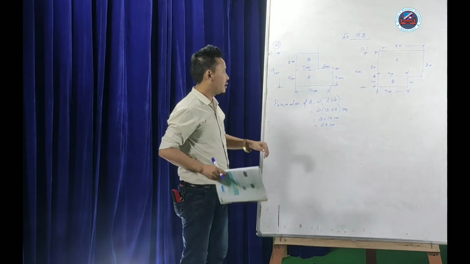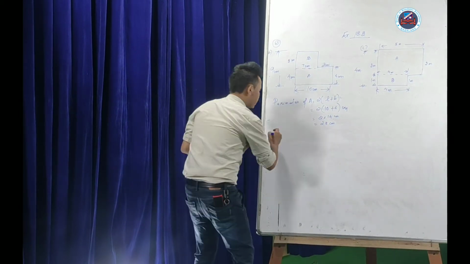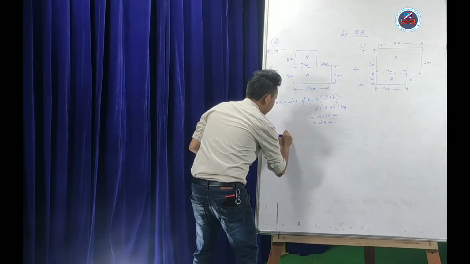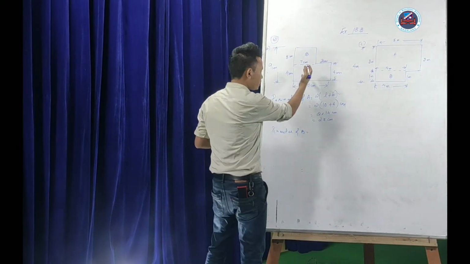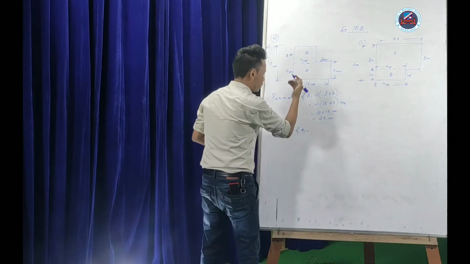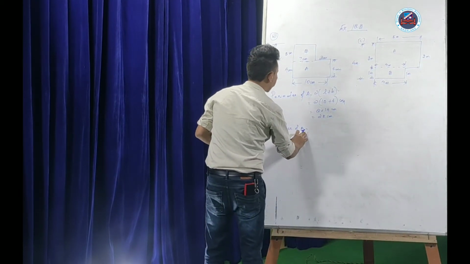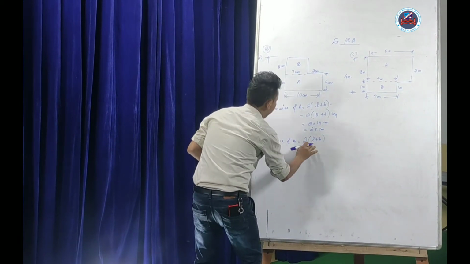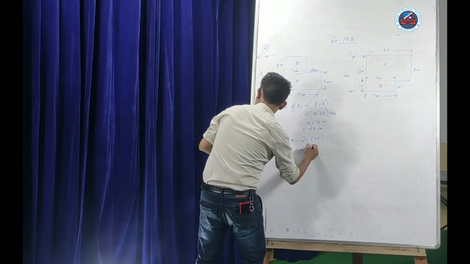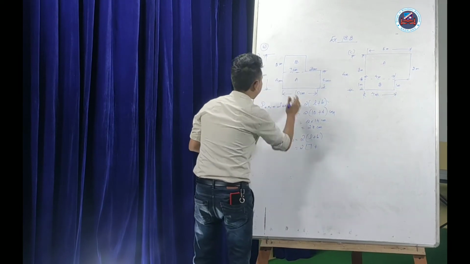Now let's calculate the perimeter of B. Likewise, the formula is 2 into length plus breadth. Here length we have 7 centimeter, plus breadth we have 5.